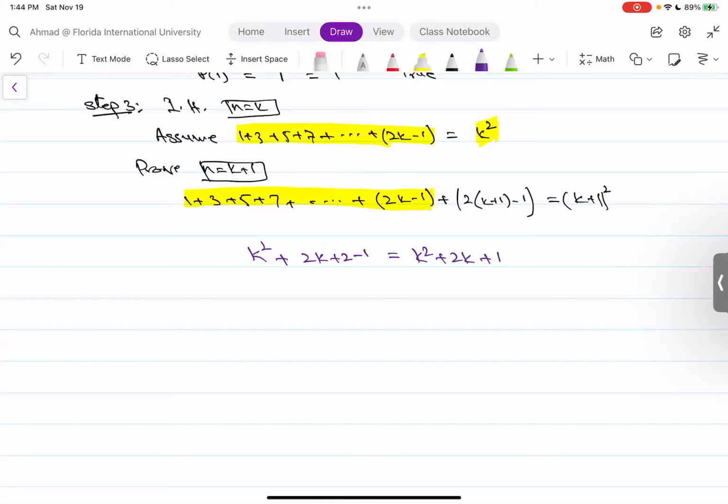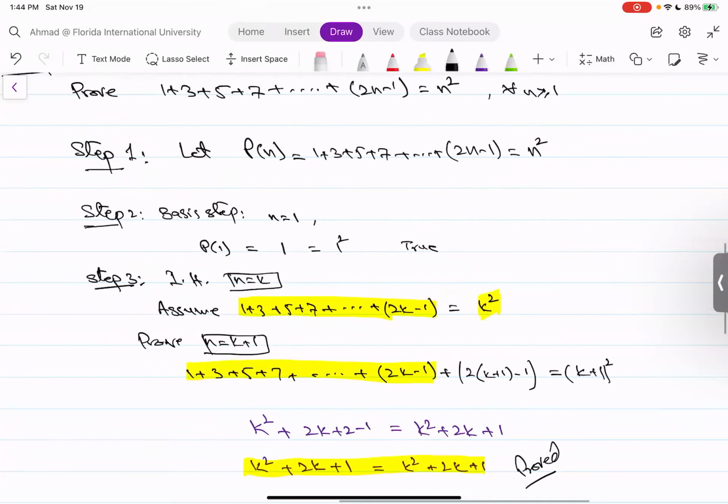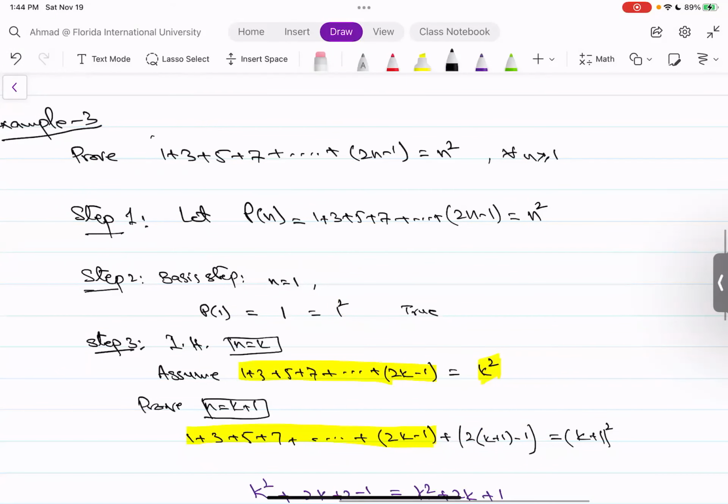So on the left hand side, if you rearrange it, k square plus 2k plus 2 minus 1, which is 1, is equal to k square plus 2k plus 1. So we have shown that the left hand side is equal to the right hand side. That means we have proved that this formula is correct. The sum of the first n odd numbers is equal to n squared, right?